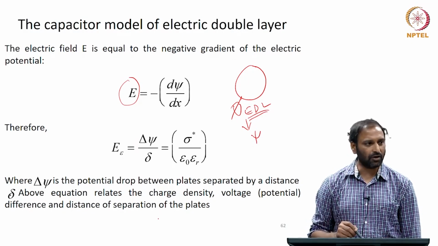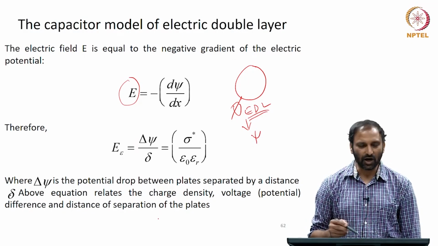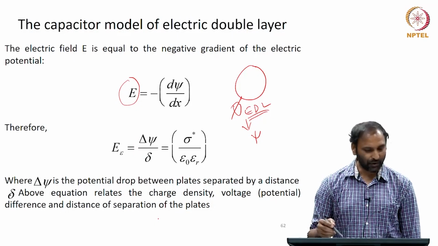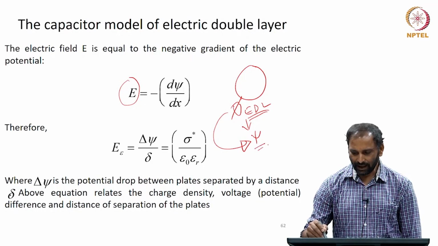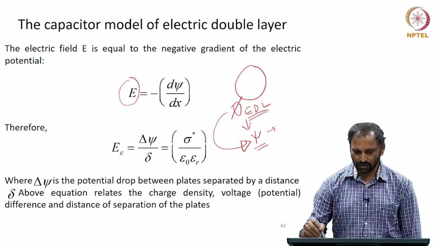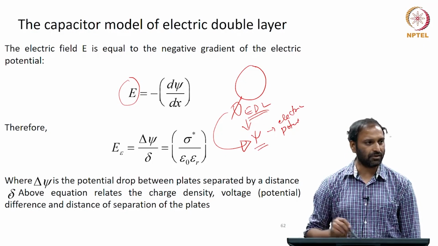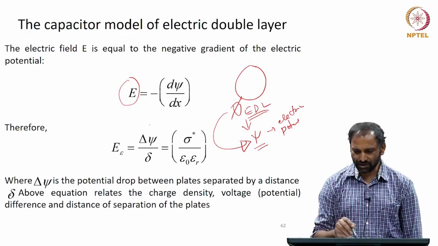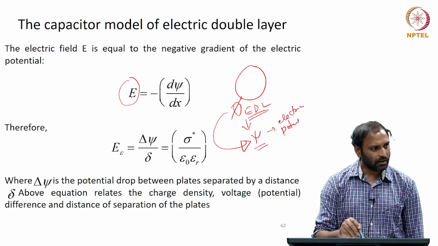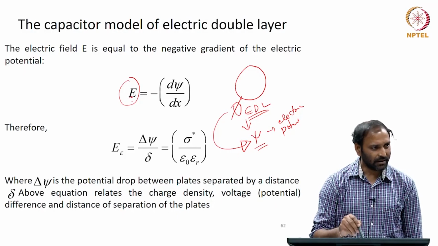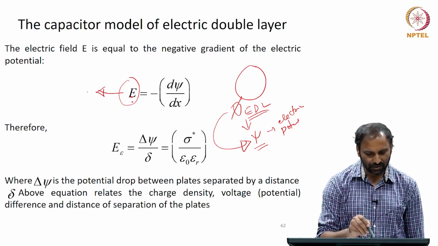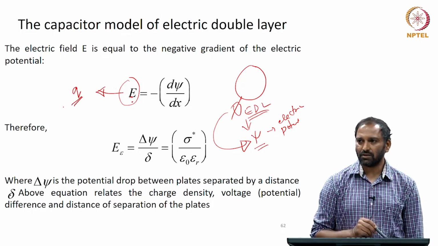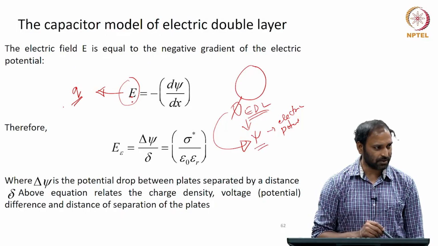You do not see the charges directly in the expression, but you will see that all the equations have the psi, which is what is called the electric potential. And that electric potential is related to the electric field generated because of the charges, which in turn is related to the charges associated with the particles.